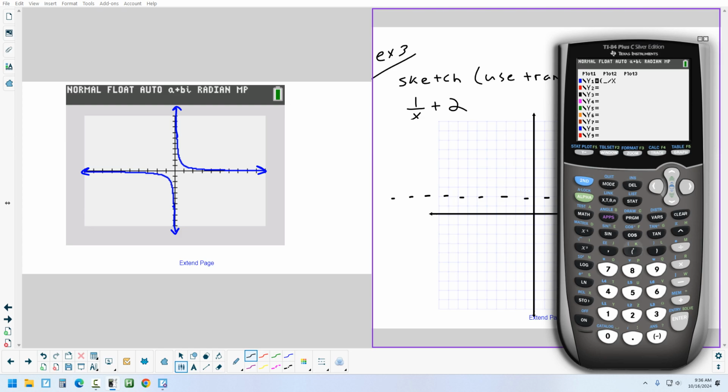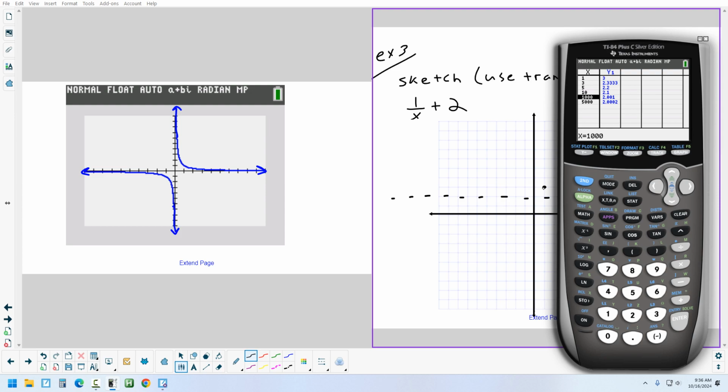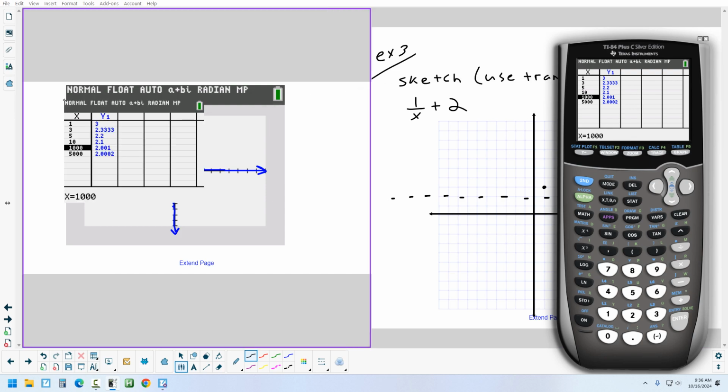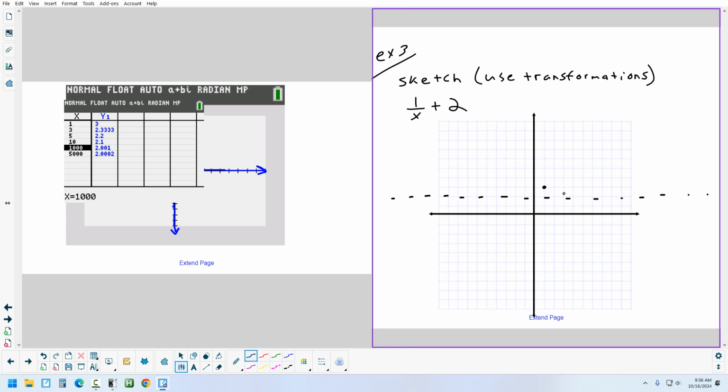So 1 over x plus 2. Just get a few values. Not that big. 1, 3, 5, 10. Now you've got some coordinates that you can plot. When x is 1, y is 3. When x is 3, y is 2 and a third.